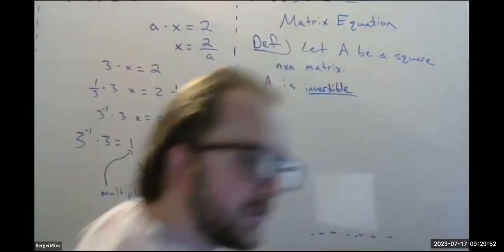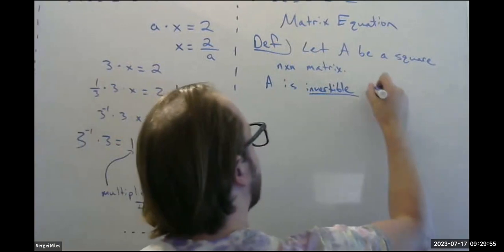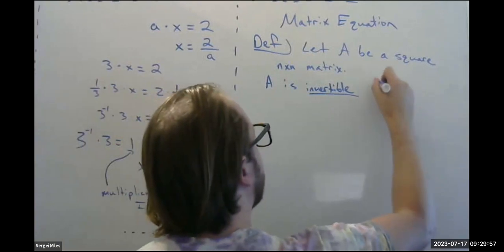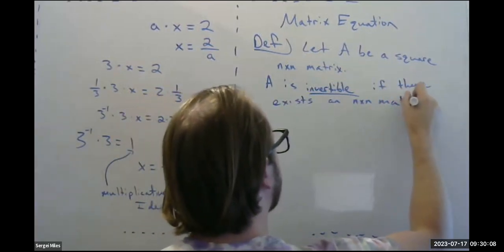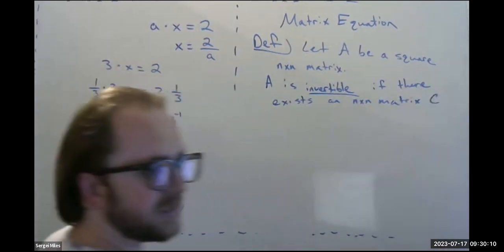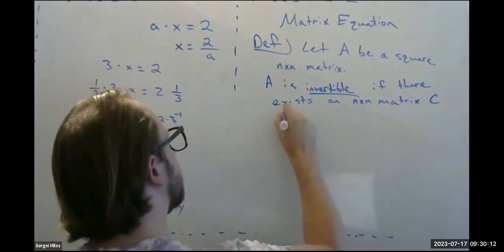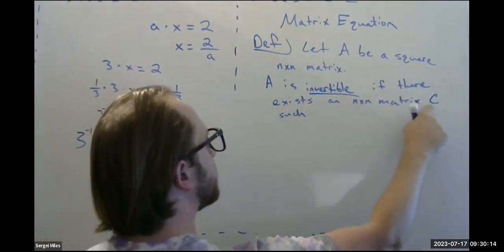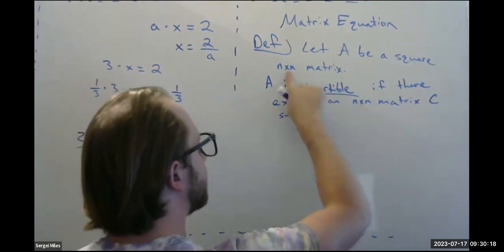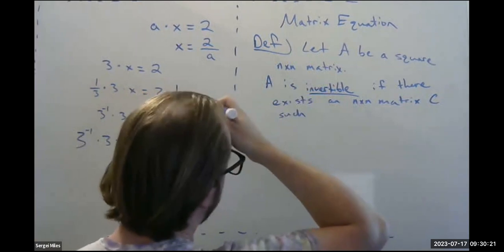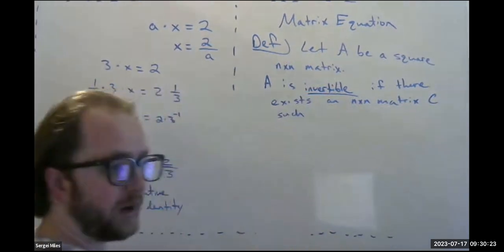But we're going to say a matrix is invertible if there exists an n by n matrix C. So notice this matrix C has the same dimensions as the original matrix A. And we're going to see this is one reason we require that A be square.